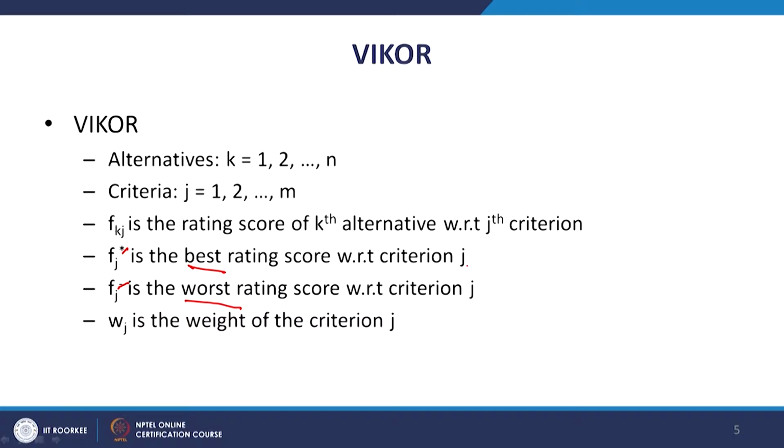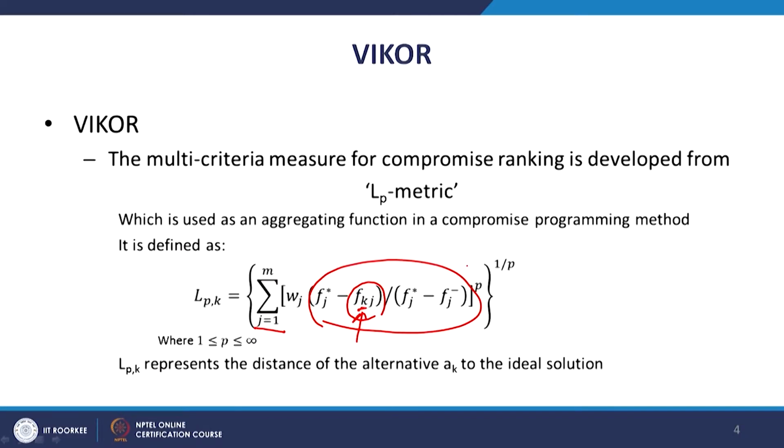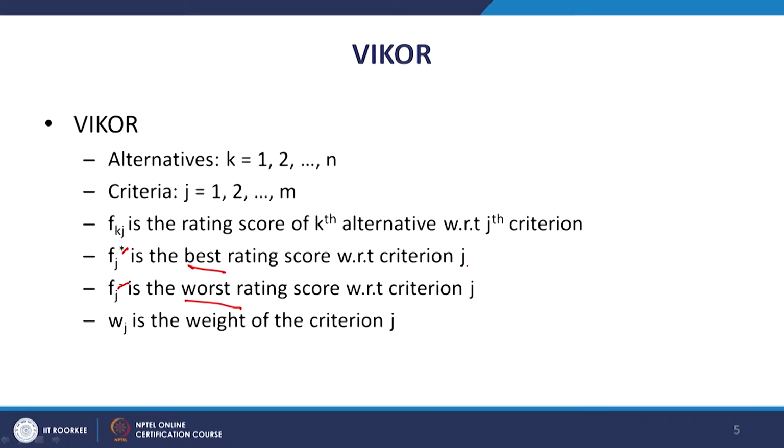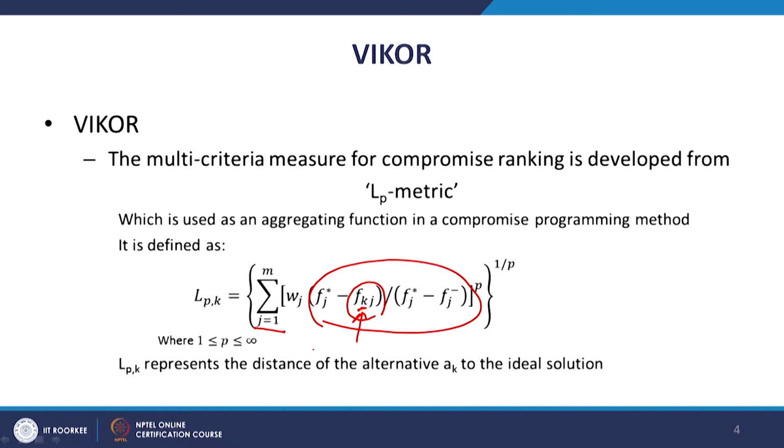So it looks like max minus the value divided by max minus min. That is why I said it looks like a min-max kind of normalization, and then Wj is the weight of criterion j. So this is about the LP metric that is used to determine the measure in VIKOR.